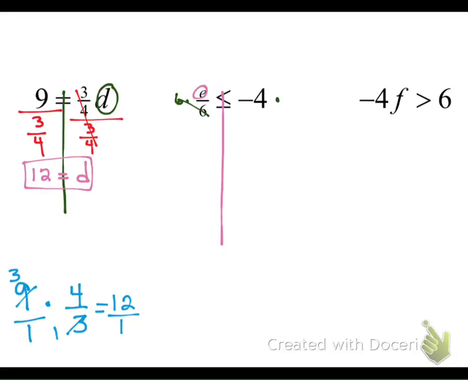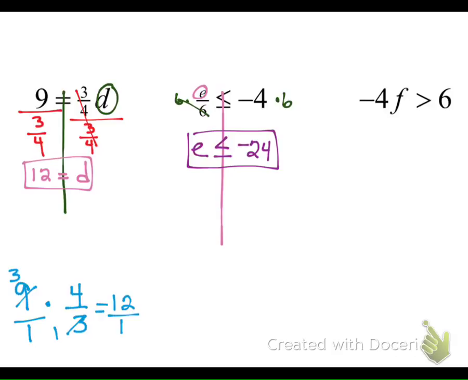Whatever I do to one side, I do to the other. I bring down my variable. I bring down my inequality sign. Then what's negative 4 times 6? Raise your hand if you think you could read this answer to me appropriately. Darius? Yeah, perfect. Nice job.